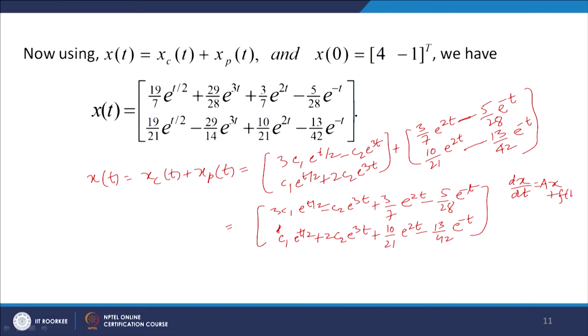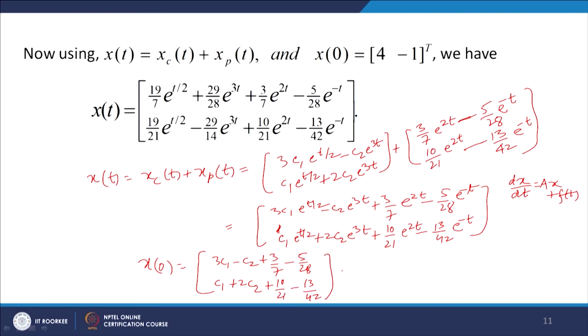This is the general solution of this. Now, let us apply the initial condition. So, we put t equal to 0 in this, and so X(0) will be equal to, put t equal to 0 here, 3 c1 minus c2 plus 3/7 minus 5/28, and here we get c1 plus 2 c2 plus 10/21 minus 13/42.